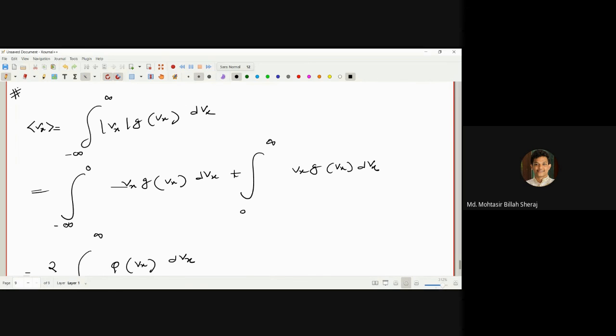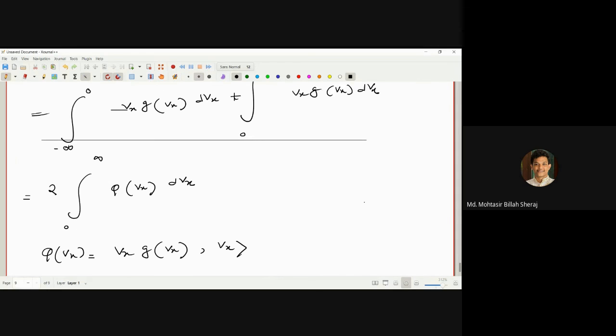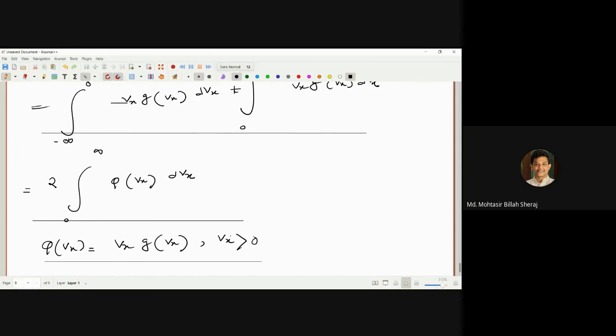Yes, I am solving the error. Look, the expectation value of the absolute value of vx will be given by these. This equals these, you know these things, and this equals the integral of vx times g(vx), where vx is greater than 0. Fine.